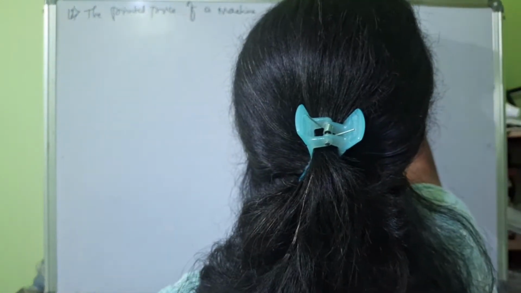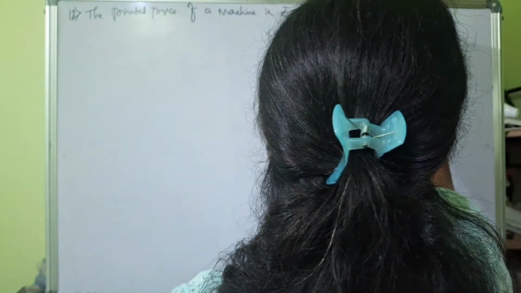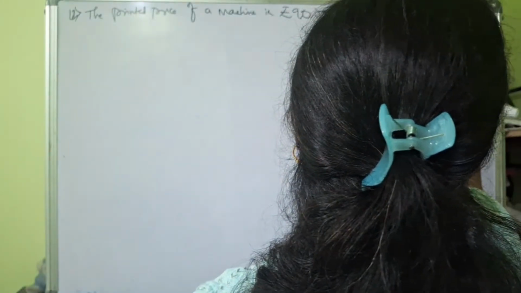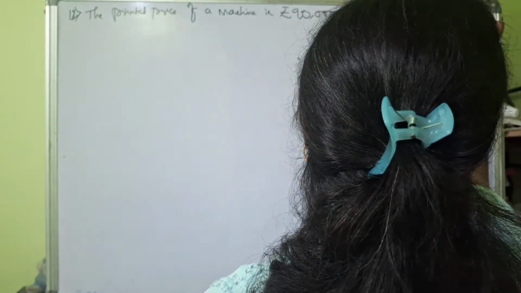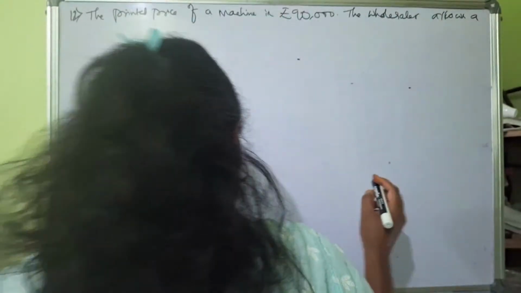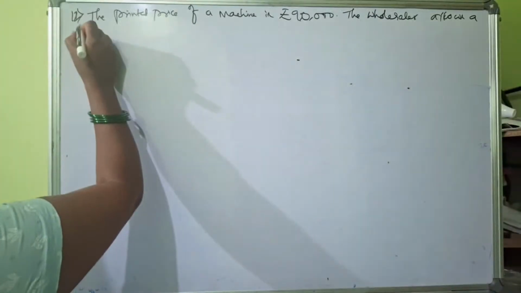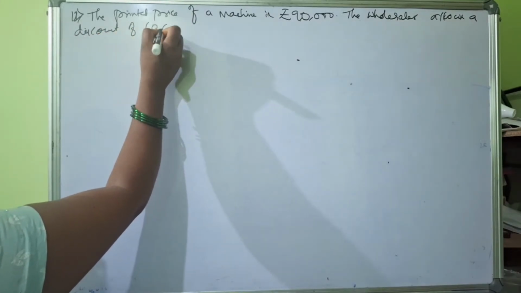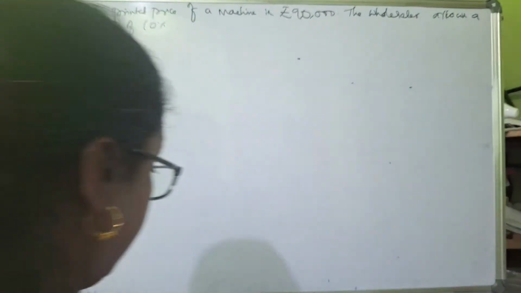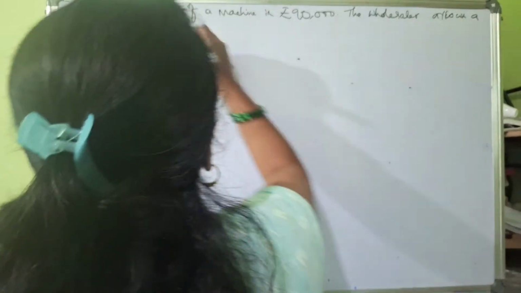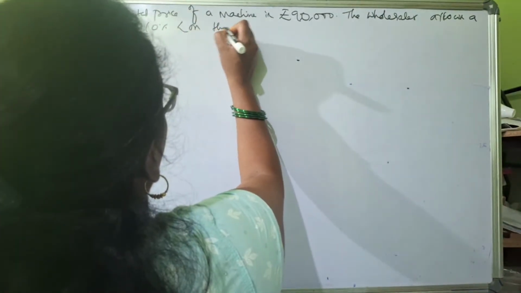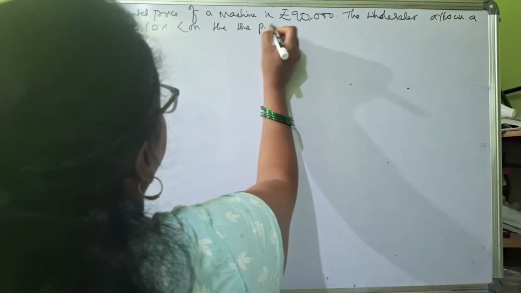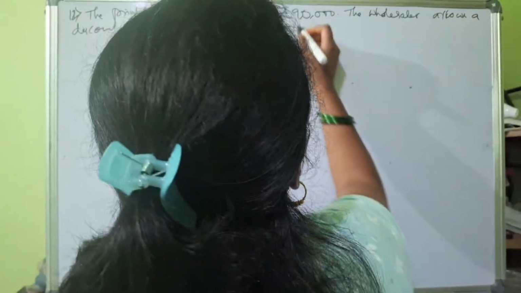The wholesaler allows a discount of 10% on the printed price to a shopkeeper.